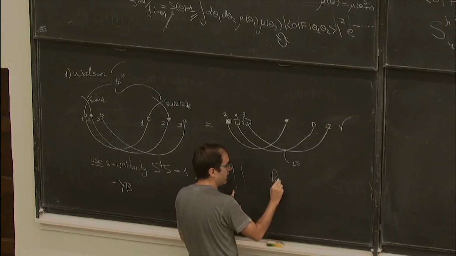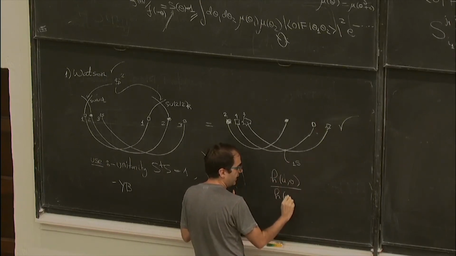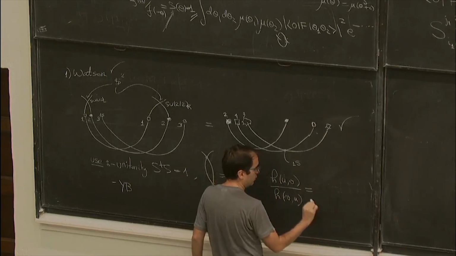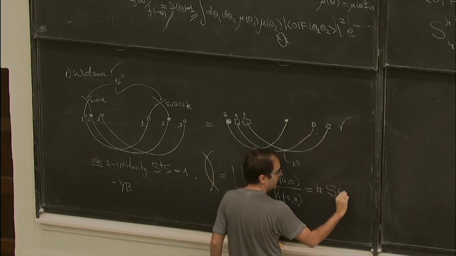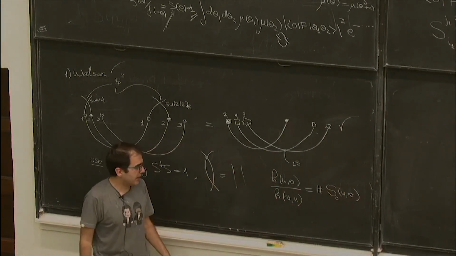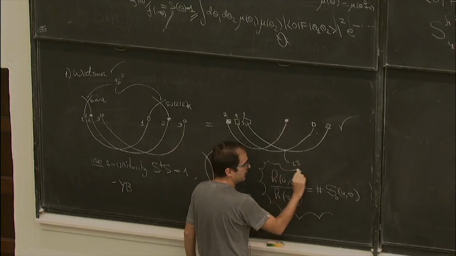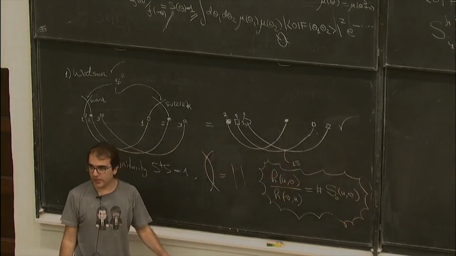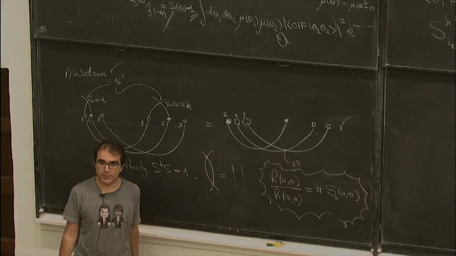It gives me an equation of how this h of uv over h of vu should be equal to some factor times the scattering, the scalar part that dresses the S matrix of u and v. For this to work, it already puts some constraint on this function h. That constraint is not so hard to fix, but it's not enough. But it's one condition. So I need to swap this, it needs to work.